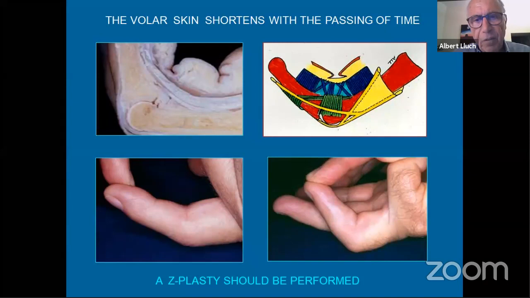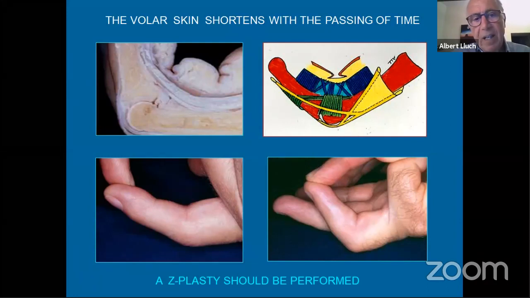And then I examined the finger, and the PIP joint I could extend, but it took me a while to realize that it could extend when I was flexing the MP joint to release and get more skin to extend the PIP joint. And this is what happens to many patients. Yes, doctor, I put the splint at nighttime and the finger is straight, but then during the day it keeps flexing. Why does it keep flexing?